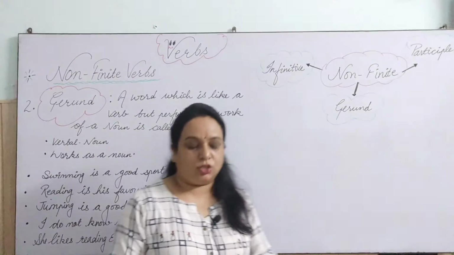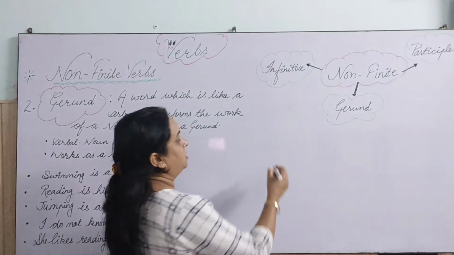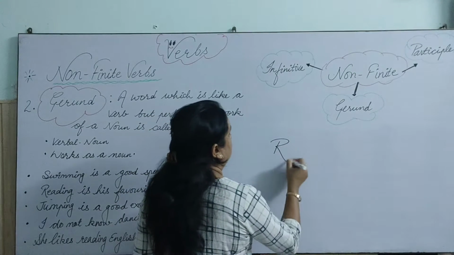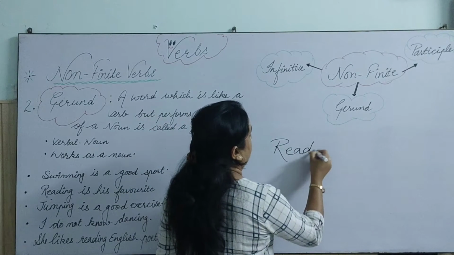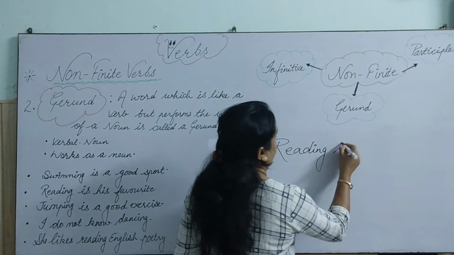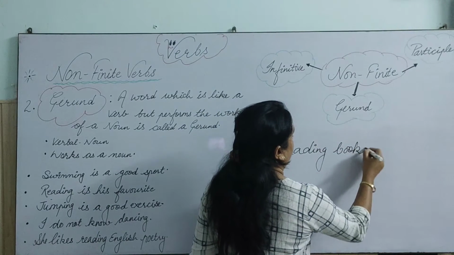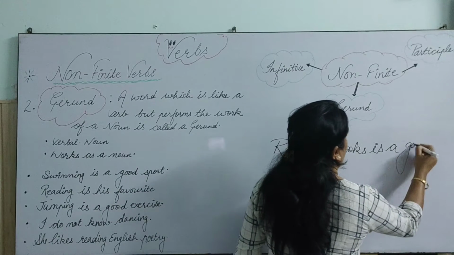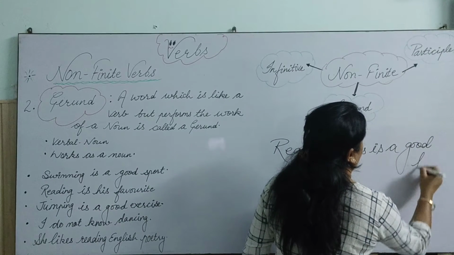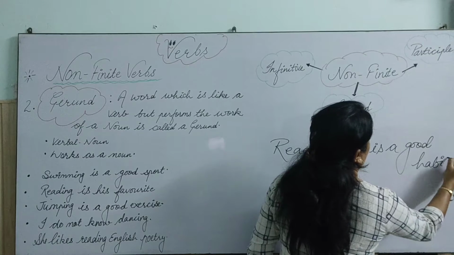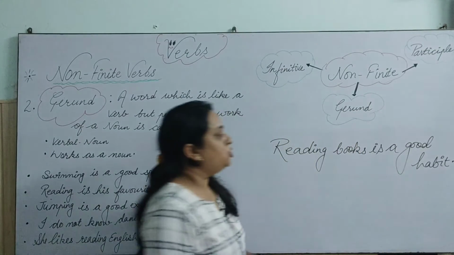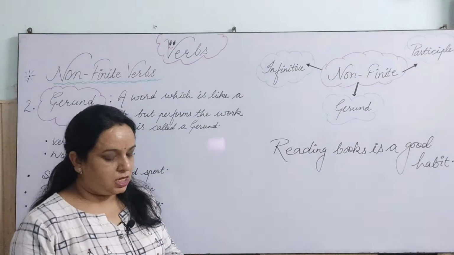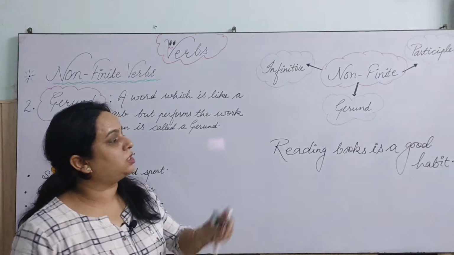Okay. So dear students, I am writing one sentence here on the board, and you please see that carefully. Reading books is a good habit. Reading books is a good habit. So what you will see in this sentence, that reading books is a good habit.